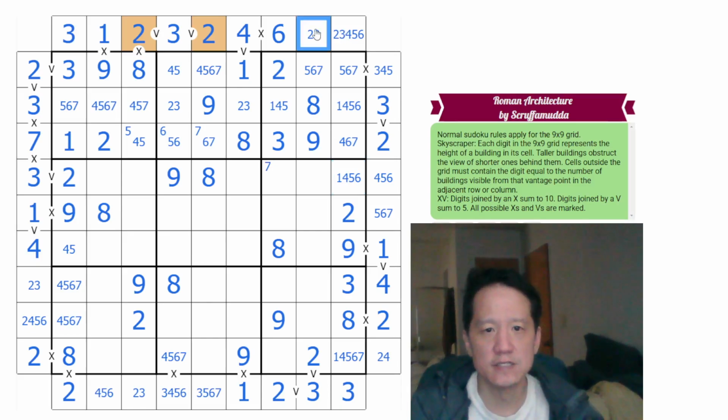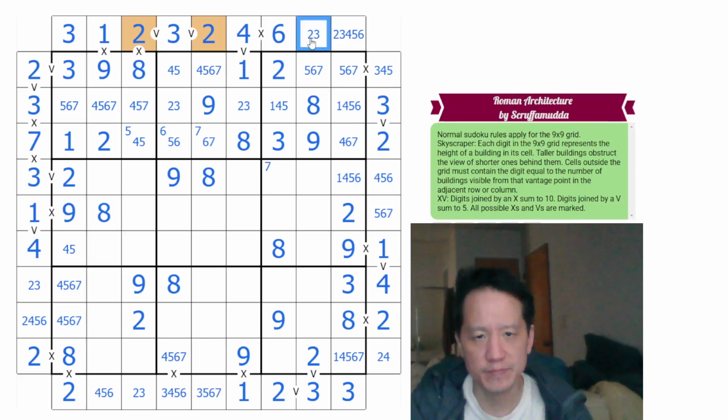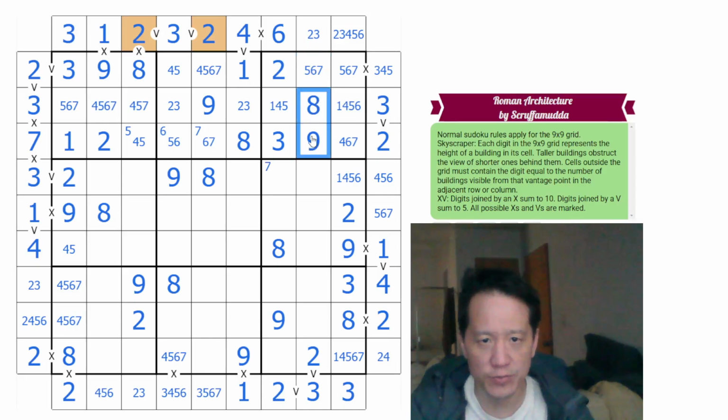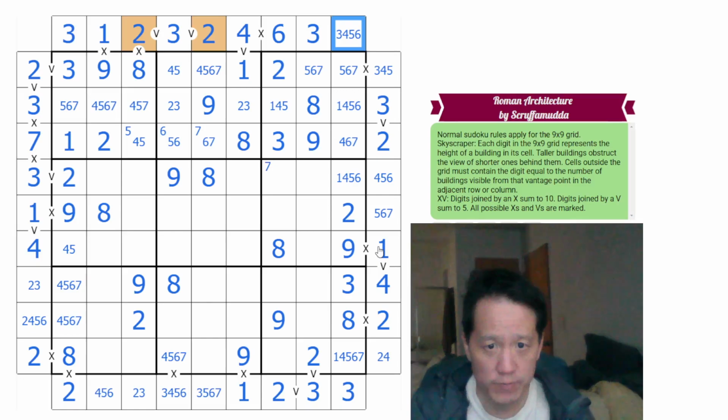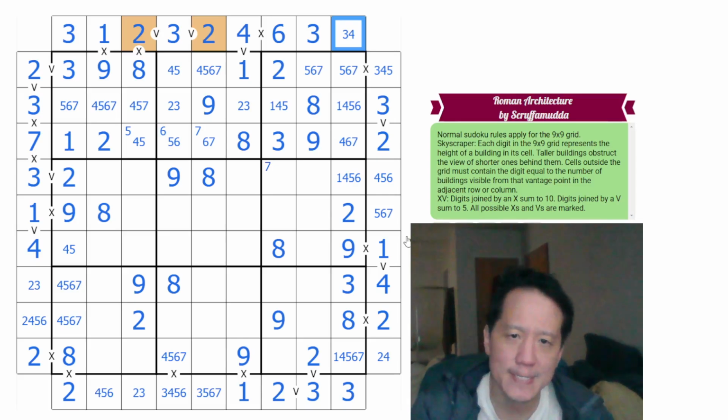This then sees 3 because this is an 8, and it will see all 3 of these skyscrapers. So this is 3. This can't be 2. So it has to be at least 3. It could see only 5, 6, 7, 9. So this is 4 or 3 here.